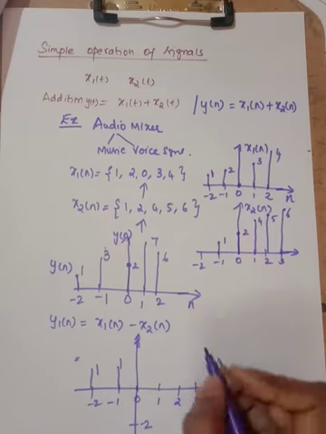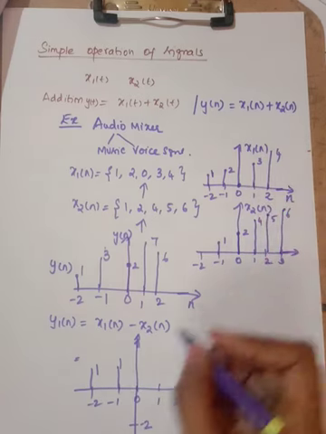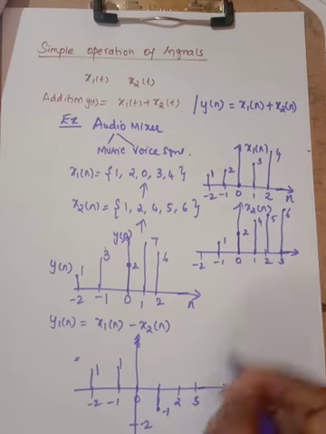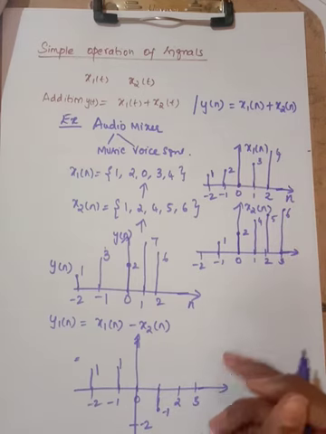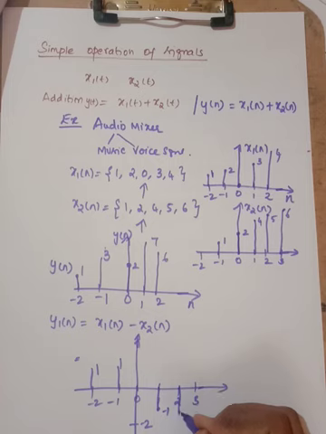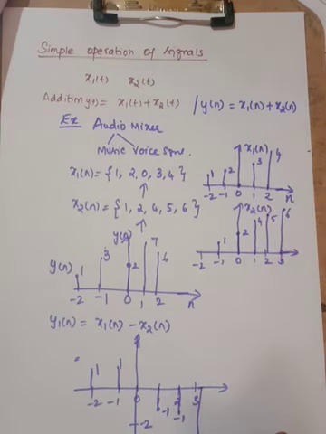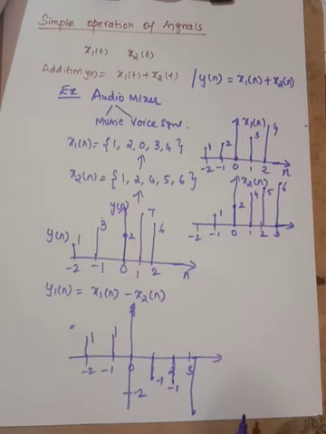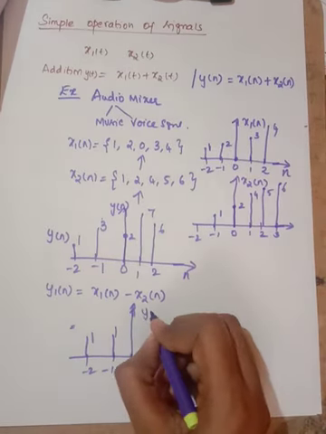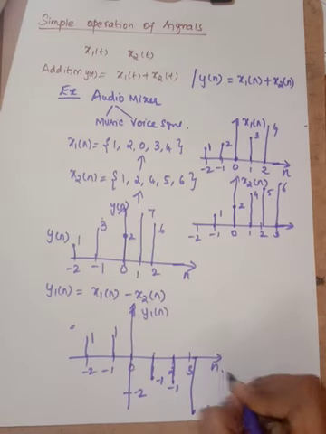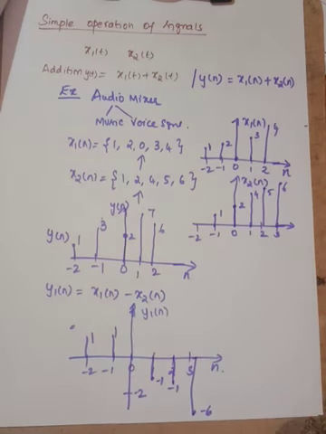Then 3 minus 4 is -1, and 4 minus 5 is -1. Then 0 minus 6 is -6. So this is your output y1 of n, and here is the index n. Similarly you can perform any operation, and you can also perform multiplication.